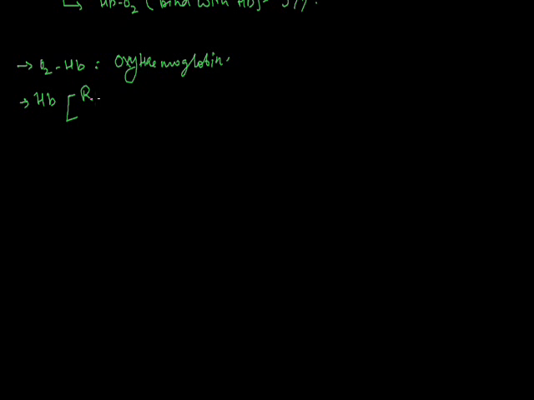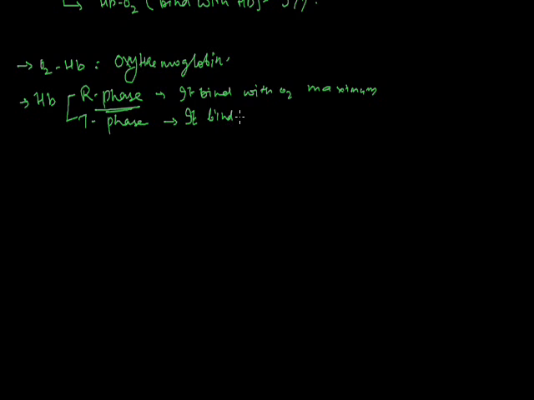The R phase means the relaxed phase, and the second is the T phase, the tense phase. While the hemoglobin is in the R phase, it binds with oxygen maximally, and while it is in the tense phase, it binds with oxygen minimally or not at all.